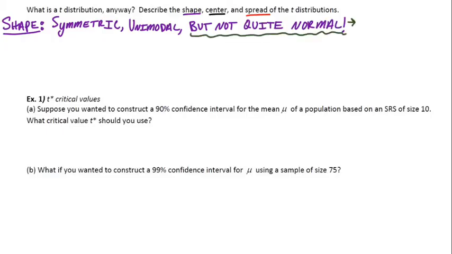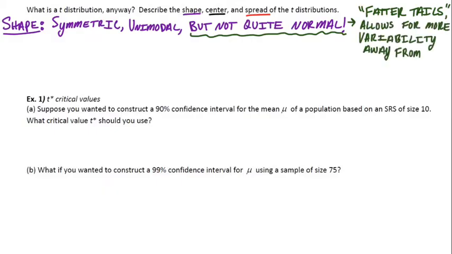So what exactly is different about it as far as the shape's concerned? Well, we say it has fatter tails. And this is the part that helps correct the sample standard deviation thing we talked about in the beginning of the notes. So why does it have fatter tails? Well, that allows for more variability away from the middle or away from the mean. So the values aren't quite as stacked up around the mean, right? They're more spread out.